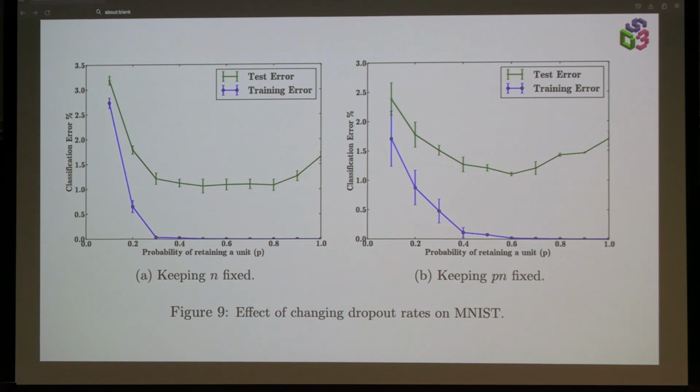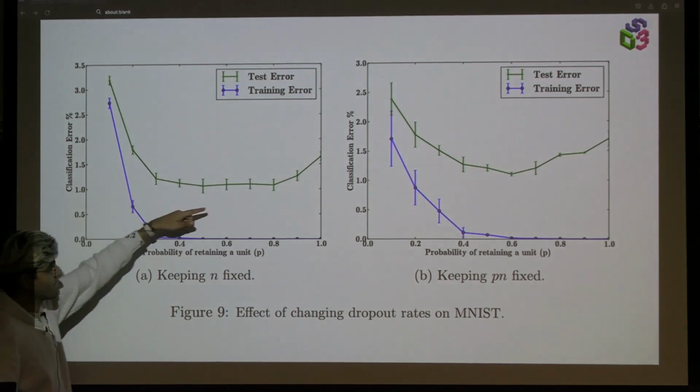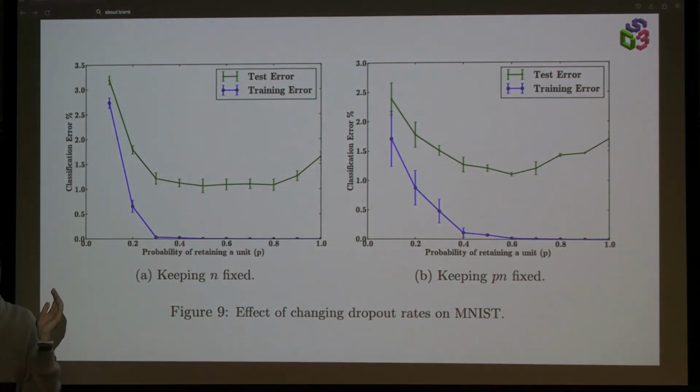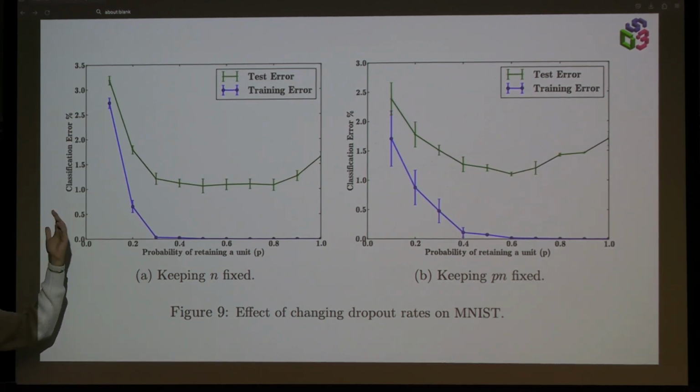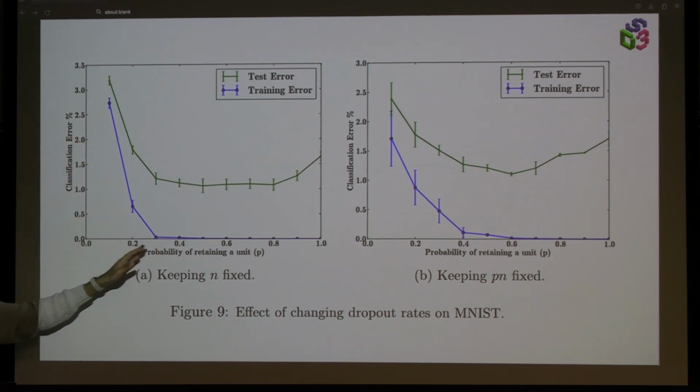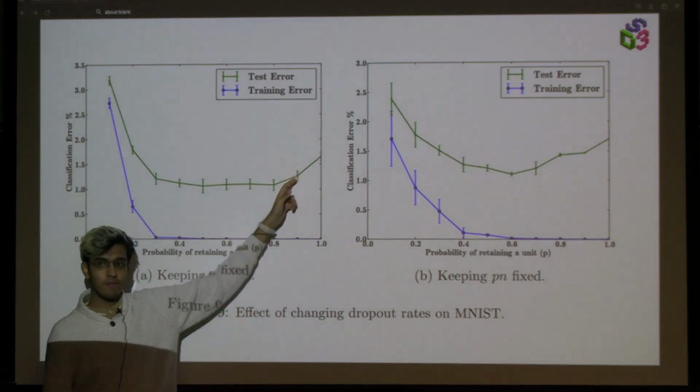Okay, so let's briefly talk about why we're getting a curve like this. Of course, at 0, if you're not keeping anything, your neural network is nothing. So your error is 100%. At 0.1, you still have a pretty high error, all of that makes sense. But why does this go up again over here?